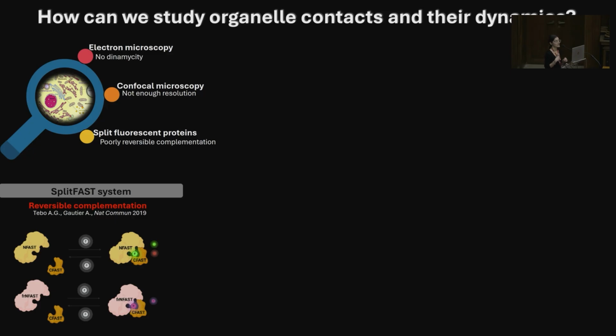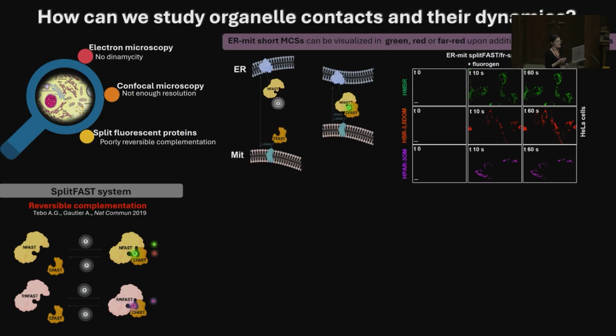You can use different fluorogens, so you can have spectral flexibility, with the exception of the far red fluorogen that you can see here, that is the only one that is able to bind to far red and FAST. I mean, only the N-FAST portion is able to bind the far red fluorogen, while the N-FAST can bind also the green.